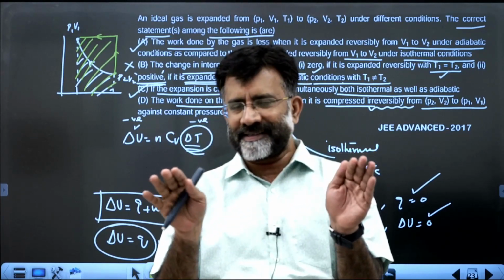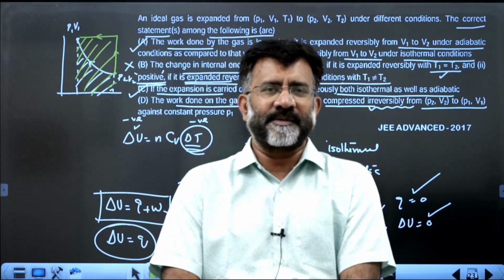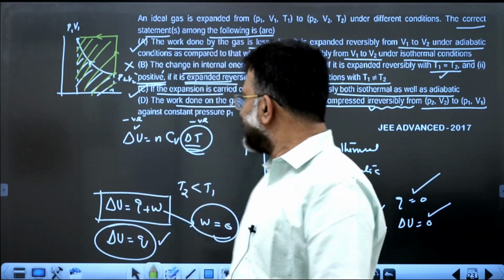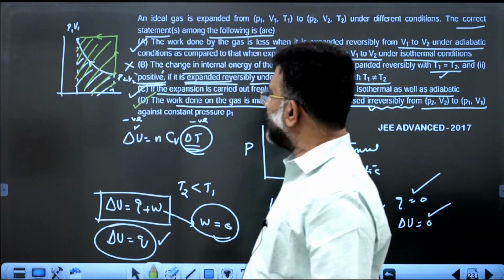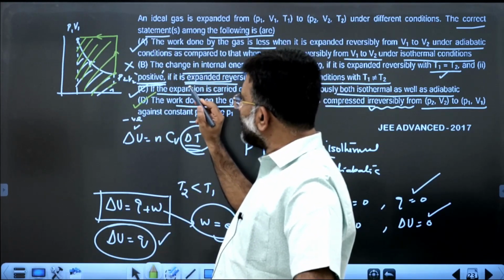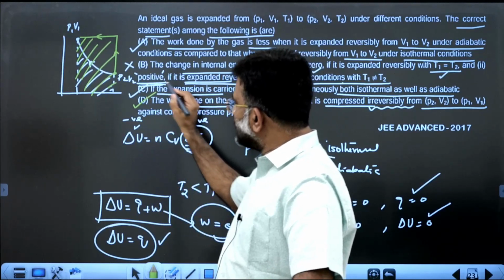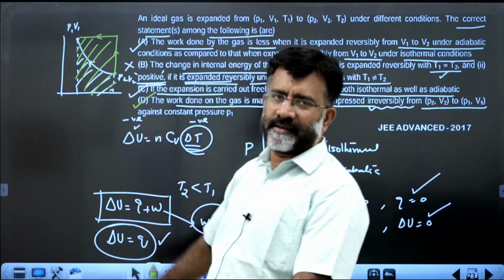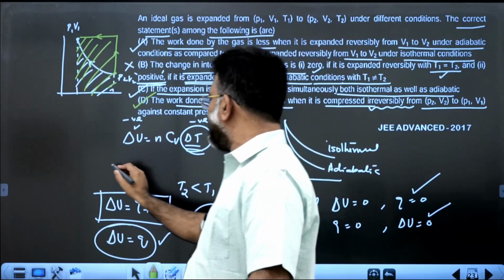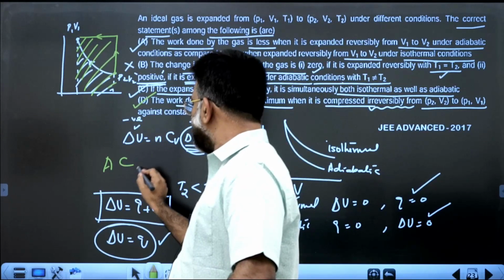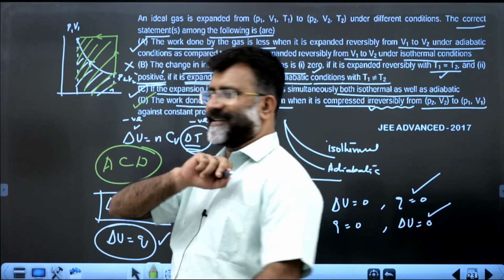All those conditions we have clearly put in the notes and all of you know that fact. So this is also a true statement. So the first one is true, second one is false, C is true and D is true. And the correct answer will be A correct, C correct and D correct.